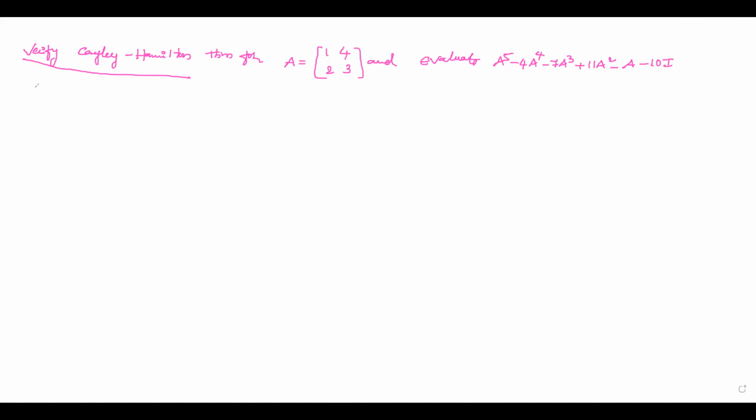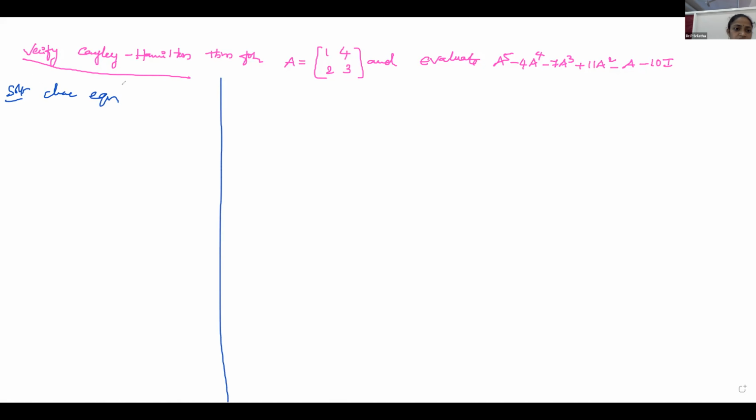First, we need to find the characteristic equation. The characteristic equation formula is det of A minus lambda I equal to 0. Here the diagonal elements are 1 and 3, so for the diagonal elements we add minus lambda. So that is [1 minus lambda, 4; 2, 3 minus lambda] equal to 0.